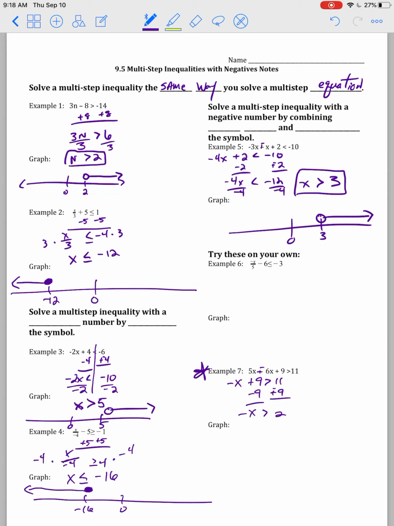And we have a negative x. Now, see this negative x? There's an inferred 1 there, and we have to get rid of that negative 1. Divide both sides by negative 1. x, remember you got to flip the sign, is now less than negative 2. And we can graph it. 0, negative 2. x is going to be less than, so it's an open circle pointing to the left.